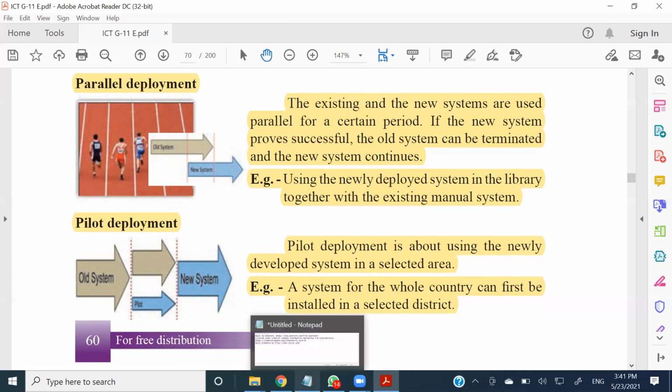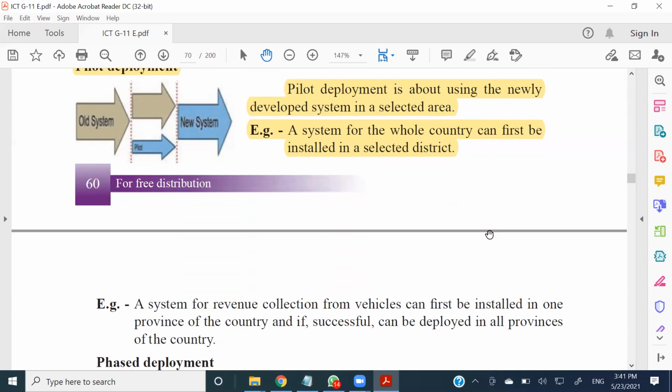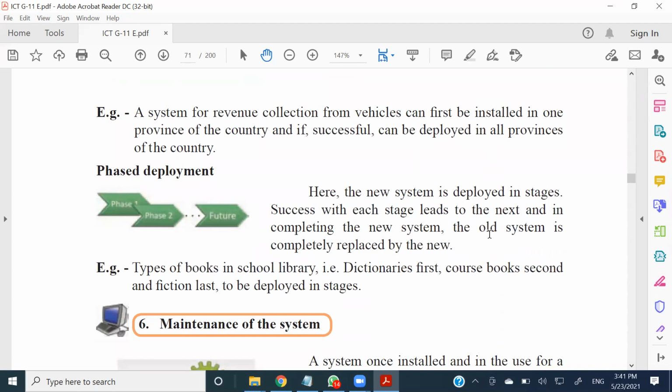Yeah. Give me a second, I'll be right back. If you are done with the pilot deployment, go for the phase deployment, the entire thing, right?